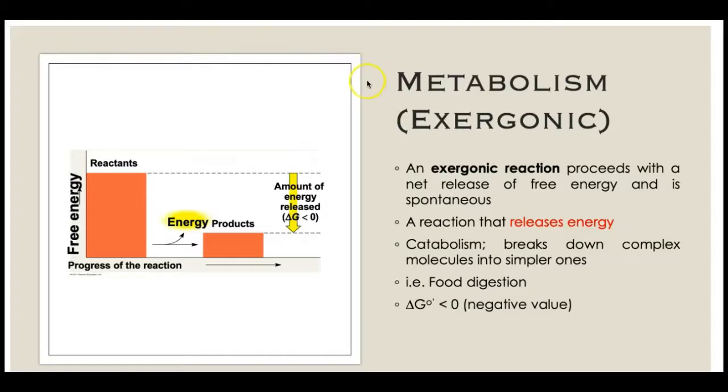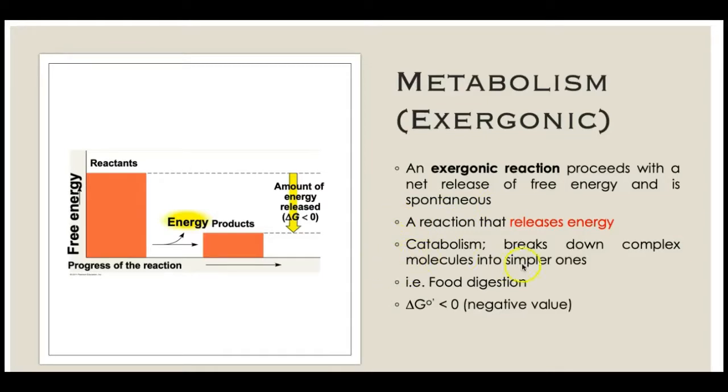Okay, so there are 2 types of metabolism, which are exergonic and endergonic. For the exergonic, it proceeds with a net release of free energy and is spontaneous, meaning to say that it releases energy and doesn't need energy, hence it's spontaneous.